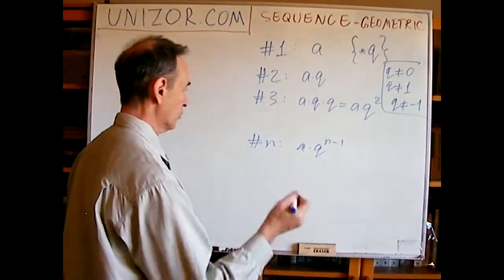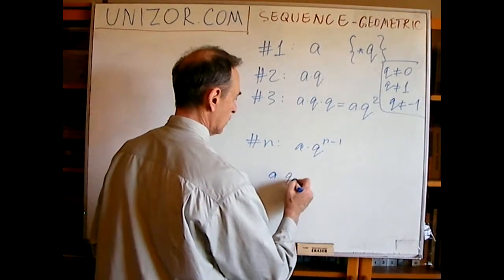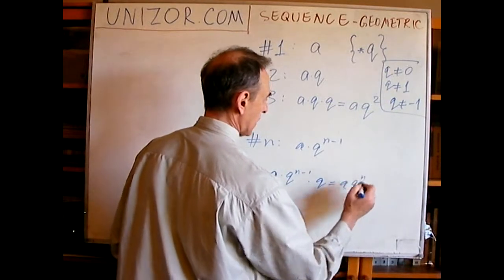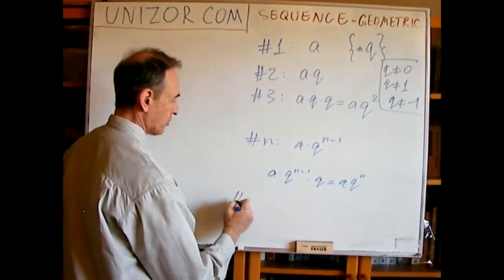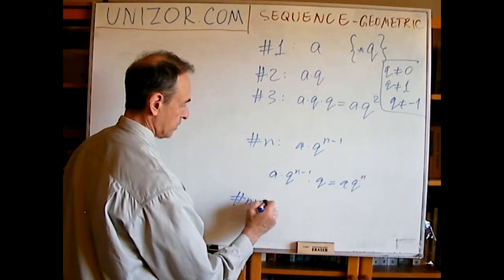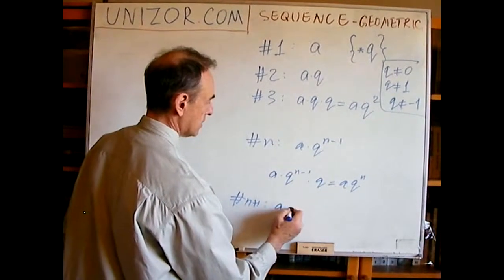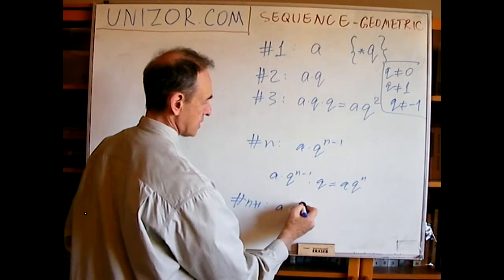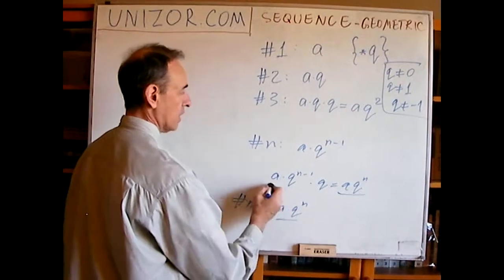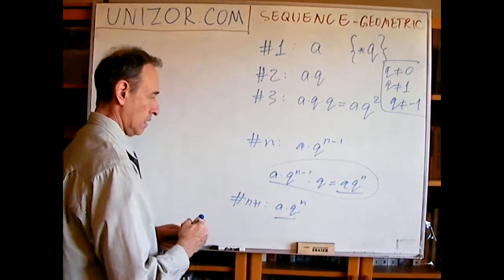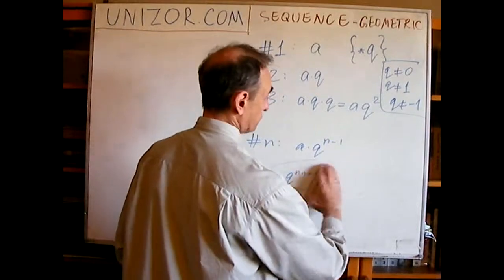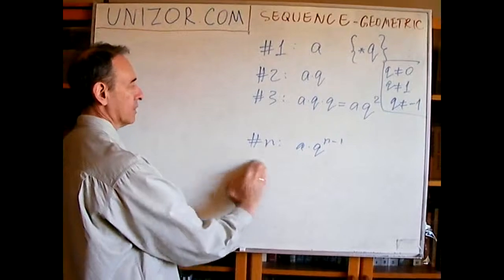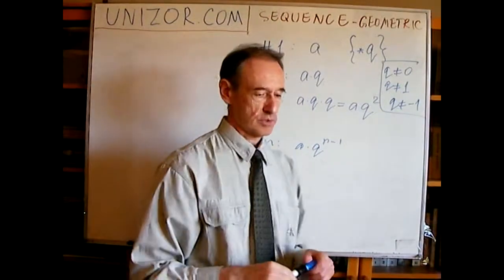Indeed, if you multiply a q to the n minus 1 by q, you will get a q to the nth degree, and the formula for n plus 1 is a times q to the n plus 1 minus 1, so it's n. So it's the same thing. The property is checked, which means we have proven that this is the formula for the nth element of geometric progression.